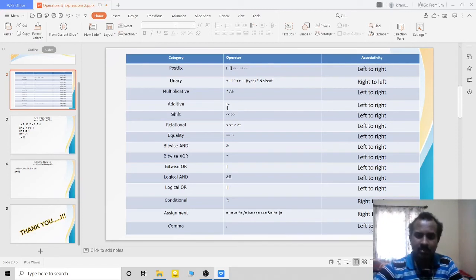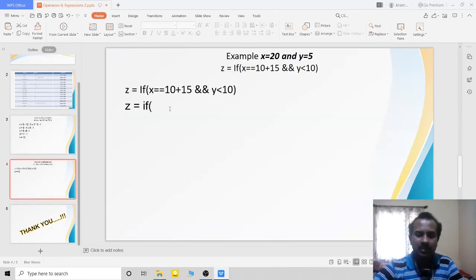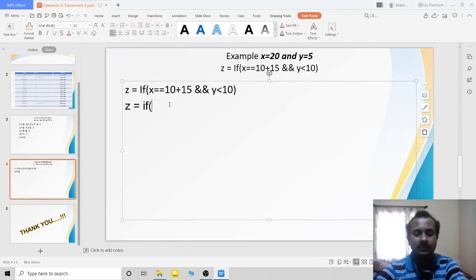So which one do I have to solve first? I have to solve the addition first. So x is double equal to 25, and let me write here y is lesser than 10.